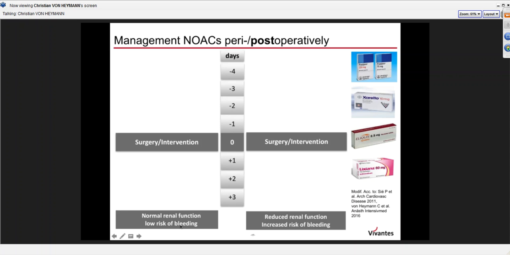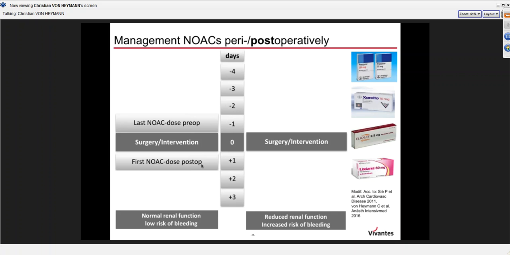Usually, with most of these drugs and a normal renal function, you should have excreted the drug almost completely from the blood, so that stopping the drug 1 day preoperatively, 24 hours before the surgery, would be sufficient to prepare the patient for surgery. Then surgery is performed, and you will start the drug with the first dose on the first day after surgery, not on the day of surgery. So this is fairly easy.